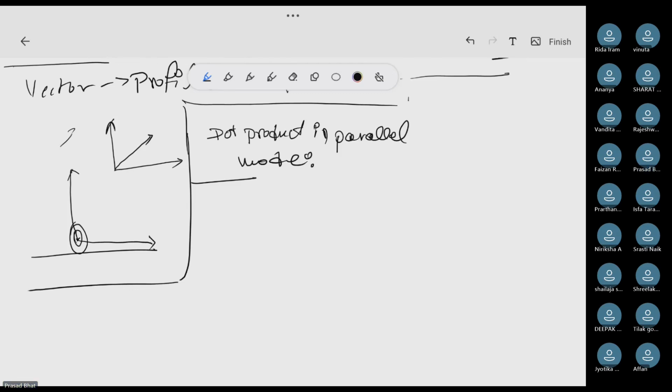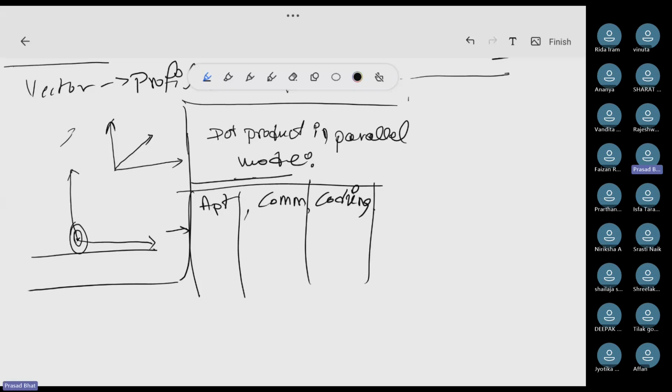Let us say students were evaluated for a placement test on three criteria. Let's assume one is based on aptitude, another criteria was communication, and the last criteria was coding. All were 100 marks tests. So this essentially becomes our table, right?